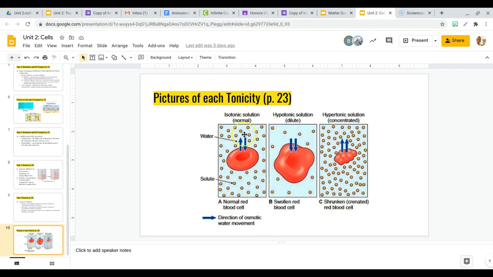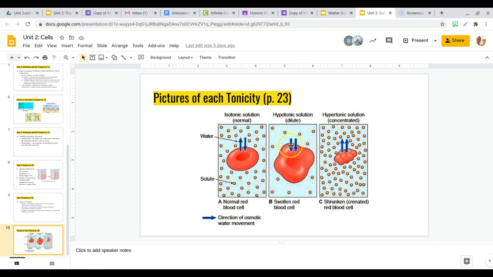So if you were to look at this in an actual diagram, here we have waters going into and out of this red blood cell, right? And the number of solutes is equal to the number of solutes in the red blood cell. So water is flowing back and forth like normal into and out of our cells. Well, in a hypotonic solution, what happens is there's less solute on this side and more solute inside the red blood cell.